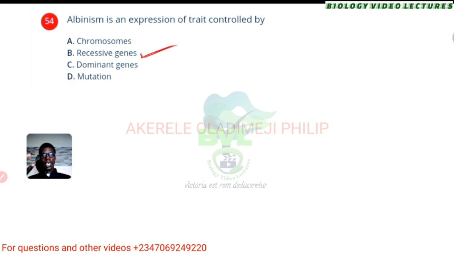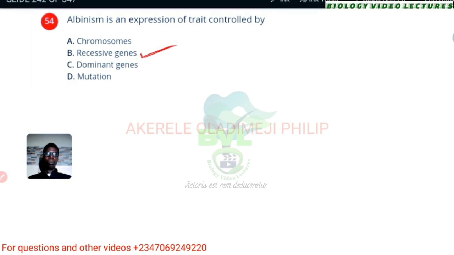Albinism simply means a case whereby the melanocytes that produce melanin in someone's body are not functional. Hence, the person's melanin production is low or absent, which makes the person susceptible to some skin issues, skin cancer, skin irritations. All right.